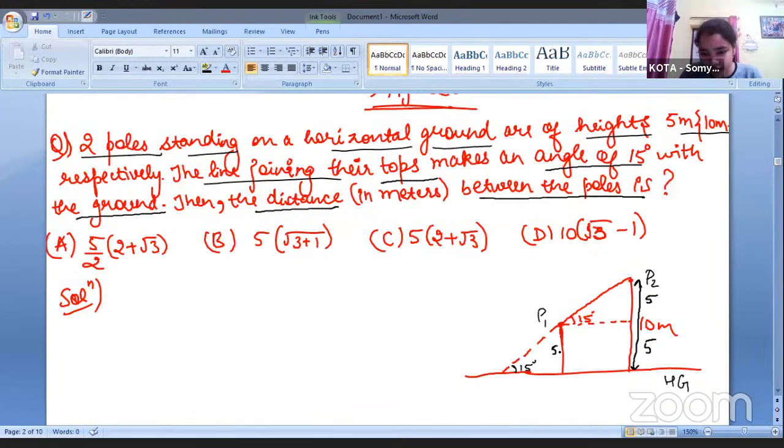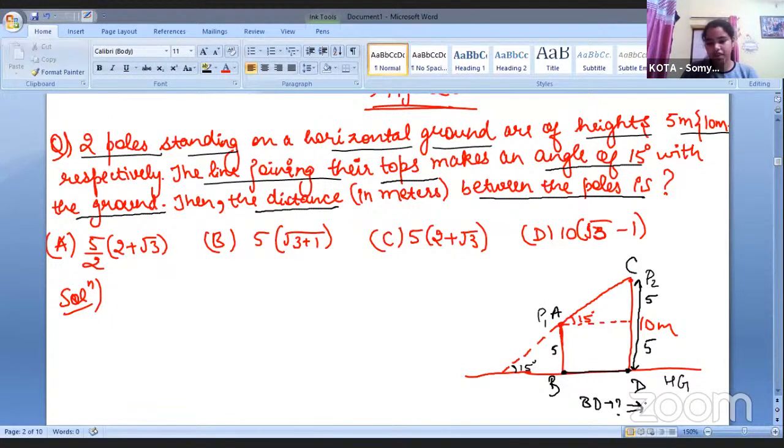For example, if this is A, B, C, D, we have to find this BD. What will be the distance between the poles AB and CD, which means what will be BD? So we have to find this particular BD.